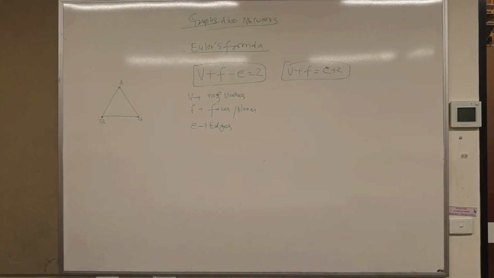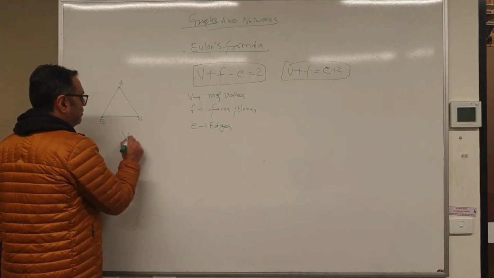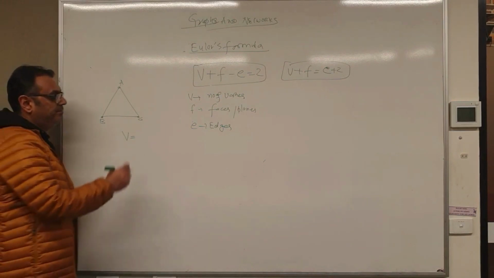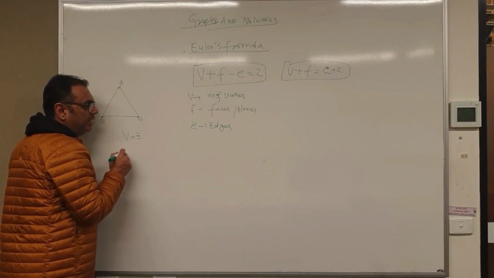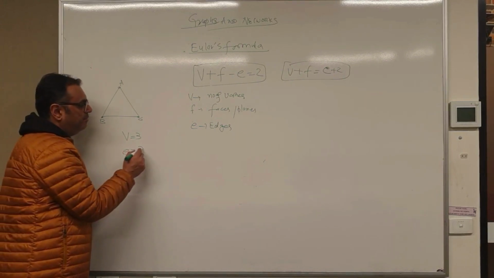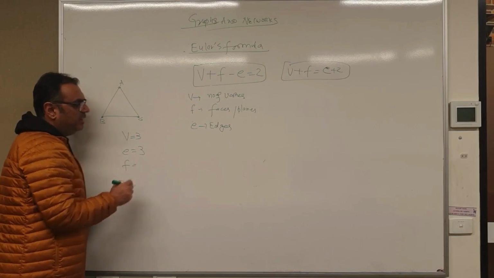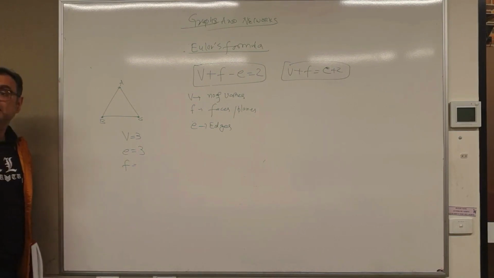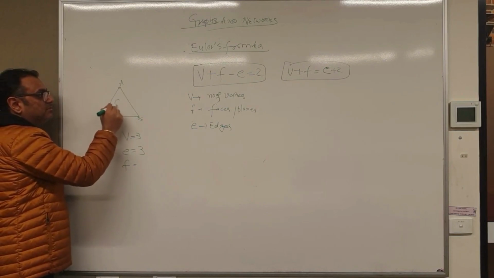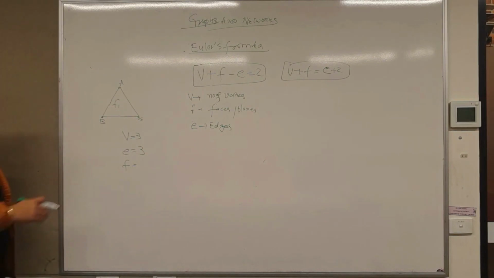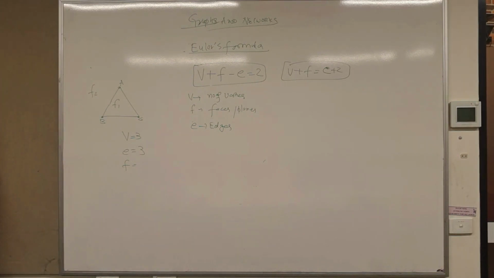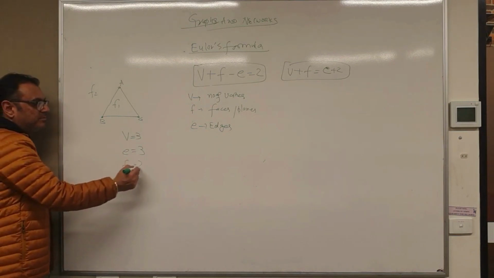How many vertices do I have here? 3. How many edges do I have here? How many faces do I have here? Faces are the planes. So first the inside face, that's face 1. And the rest of the world is also a face, face 2. So there are 2 faces.